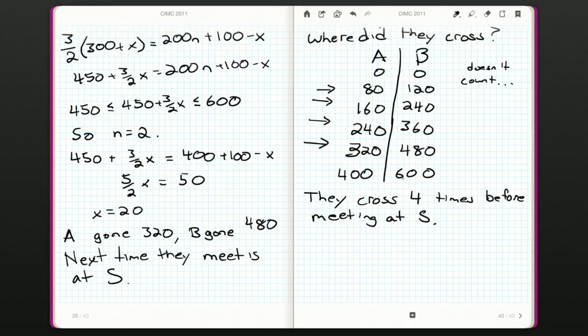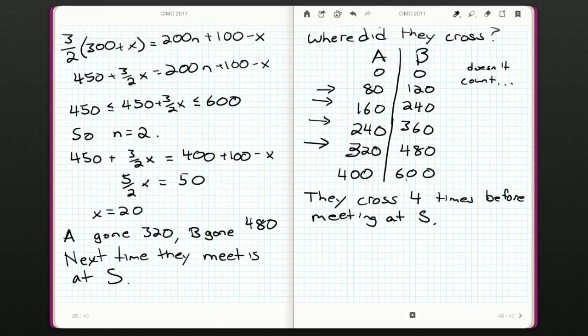Then these add up to 1,000. So not only are they adding up to multiples of 200, we hit every multiple of 200. 0 times 200, 1 times 200, 2 times 200, 3, 4, 5. I would bet that the next time they meet, they will have both swum a total distance of 6 times 200, which is 1,200. And I would bet further that they meet when Alice has gone 480 and Betty has gone 120.